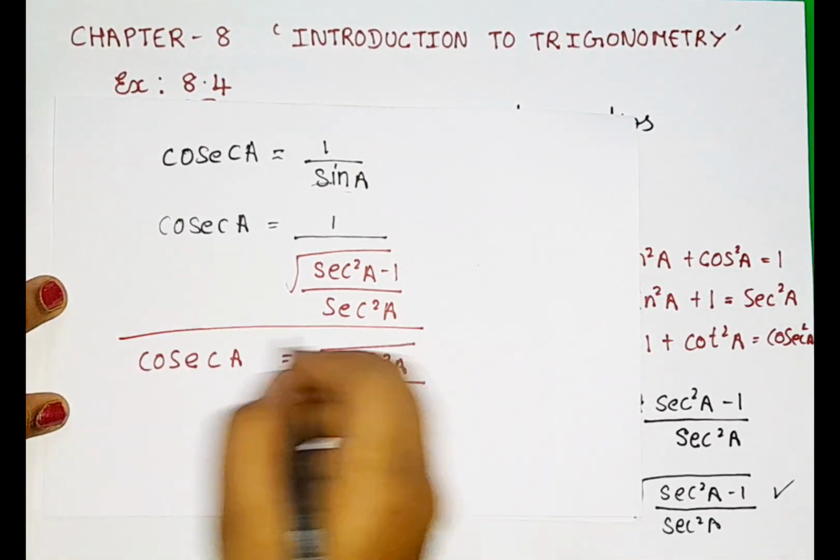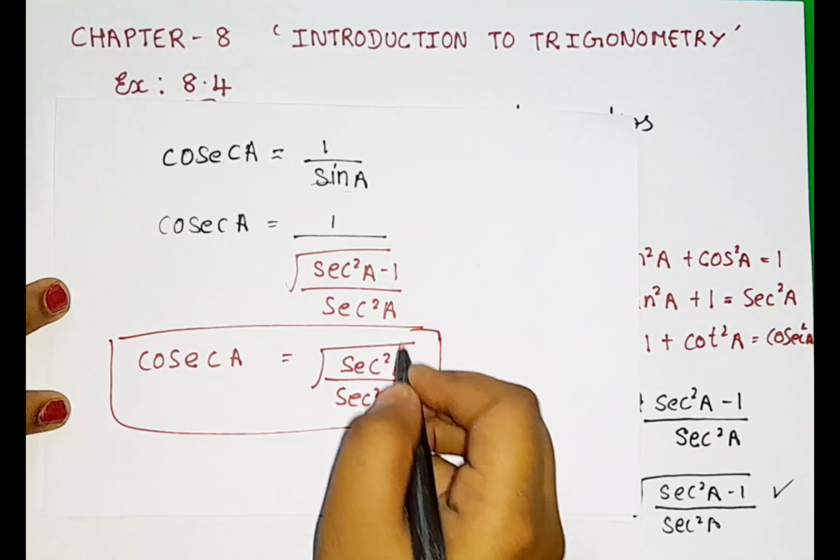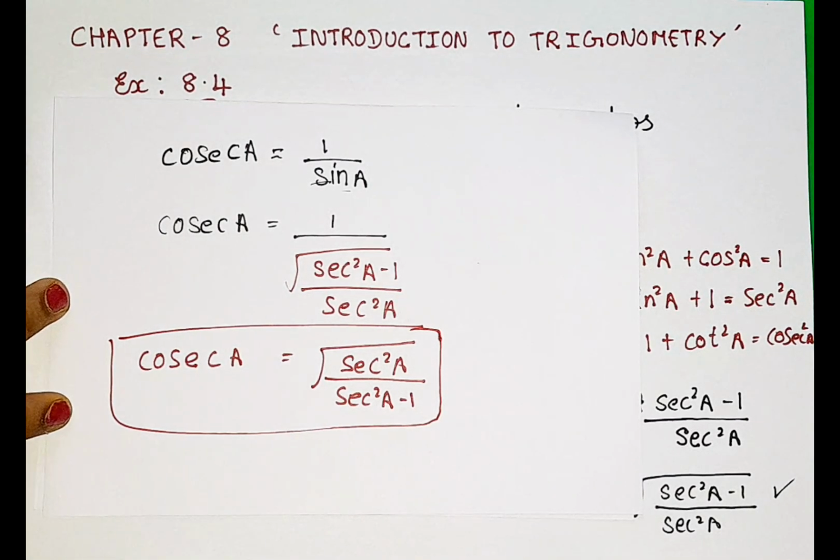So this is the value for cosecant A; we converted it in terms of secant A.